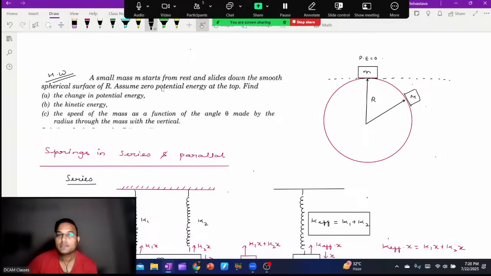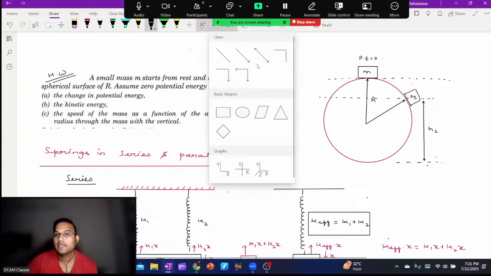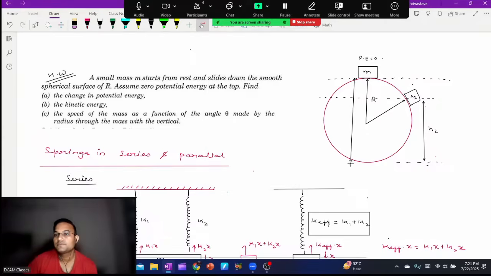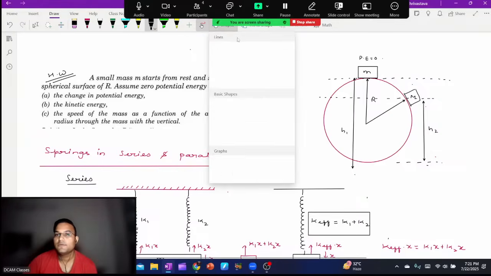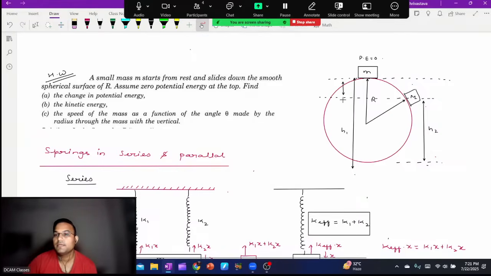See, if they want the change in potential energy, if you take this point, this is the Earth, suppose here is the height h2 and this is the height h1. So in that case, this difference will be h1 minus h2, right?